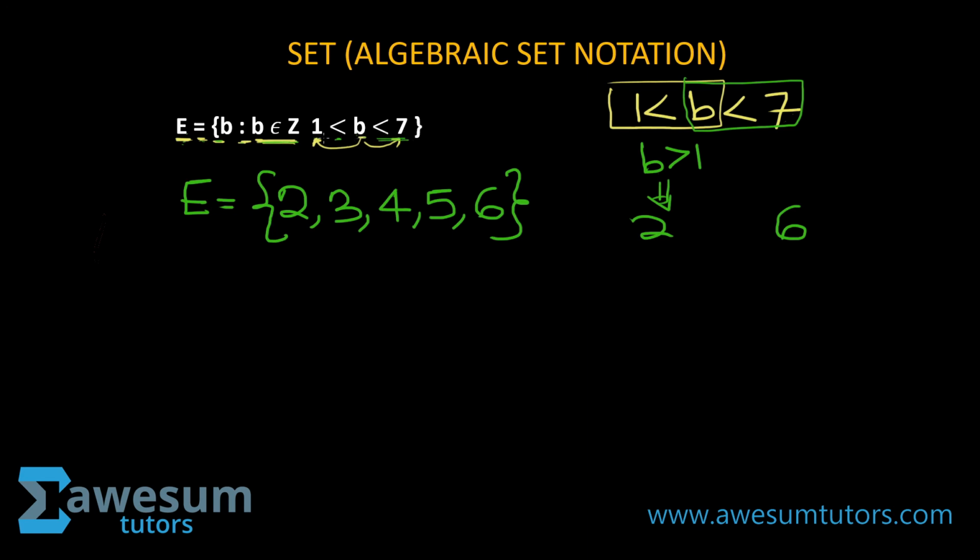So that means B is greater than 1 means B is going to start from 2, and it is less than 7 means it's not going to get to 7. It's going to stop at 6. Okay, that is that about that. I hope you guys understand this fundamental concept.